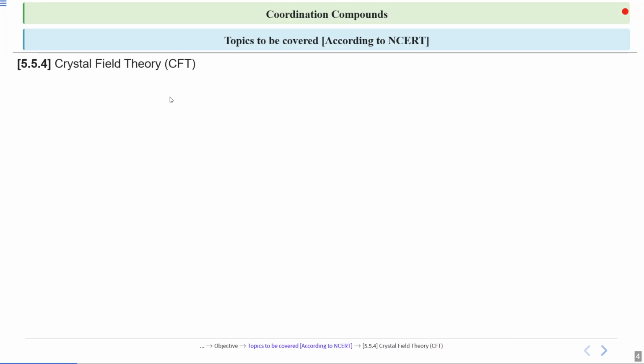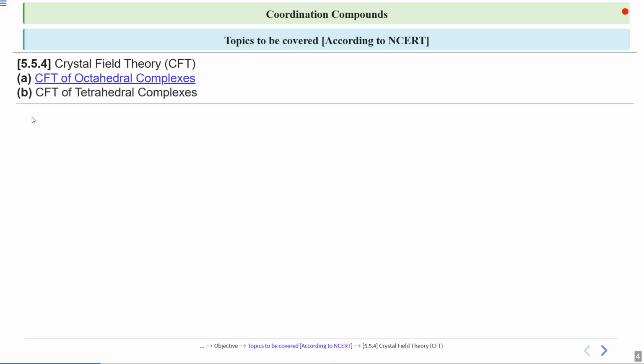So let's see the topics that we are going to cover according to the NCERT. The section 5.5.4, which is crystal field theory, that is CFT. In this, we are going to cover today the first part, the crystal field theory of the octahedral complexes.